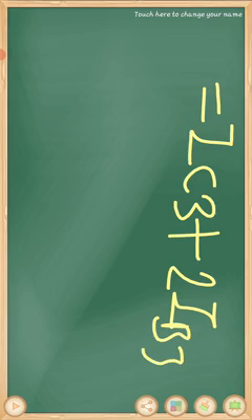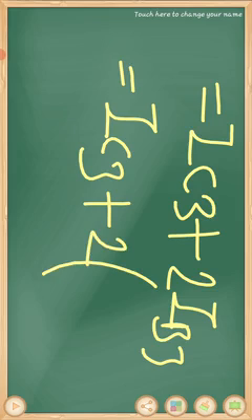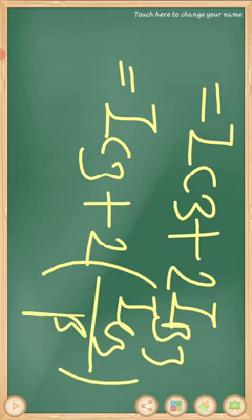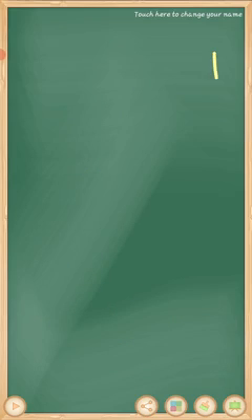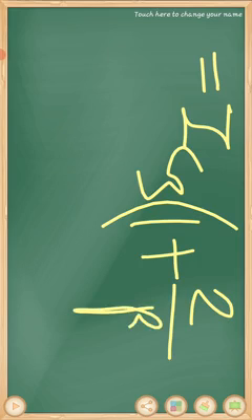Then it is equal to IC3 plus twice, in brackets, IC3 upon beta, where IC3 is the collector current of transistor Q3. That is IC3 in bracket 1 plus 2 upon beta.